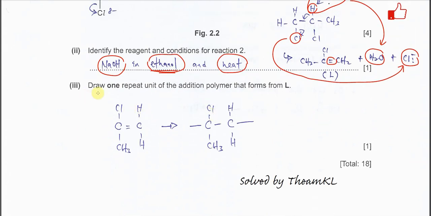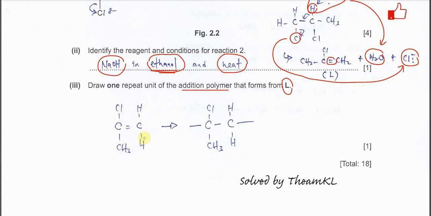So the last part 3, draw one repeat unit of the addition polymer that's formed from L. So this is L. When you want to draw repeat units, it's better you draw the structure something like this. This means you use the monomer and draw it in this way.